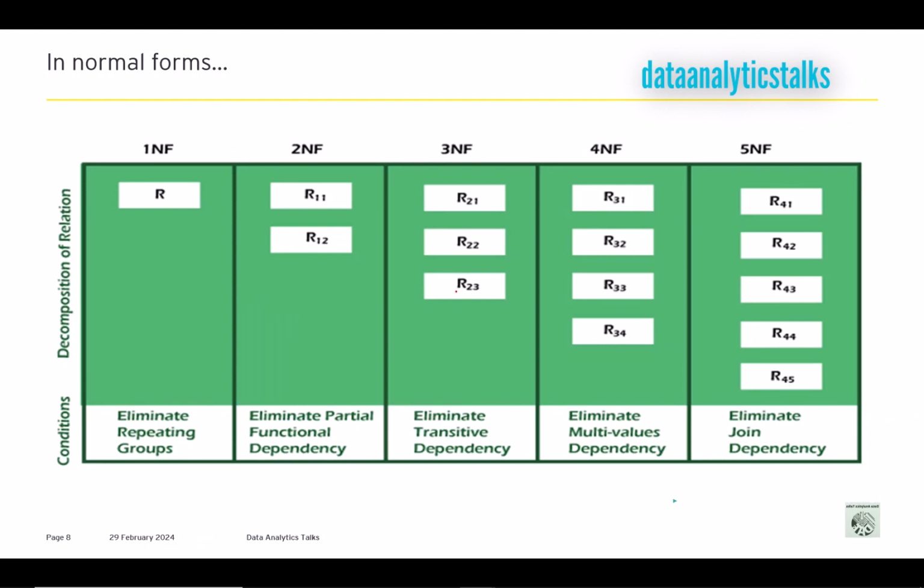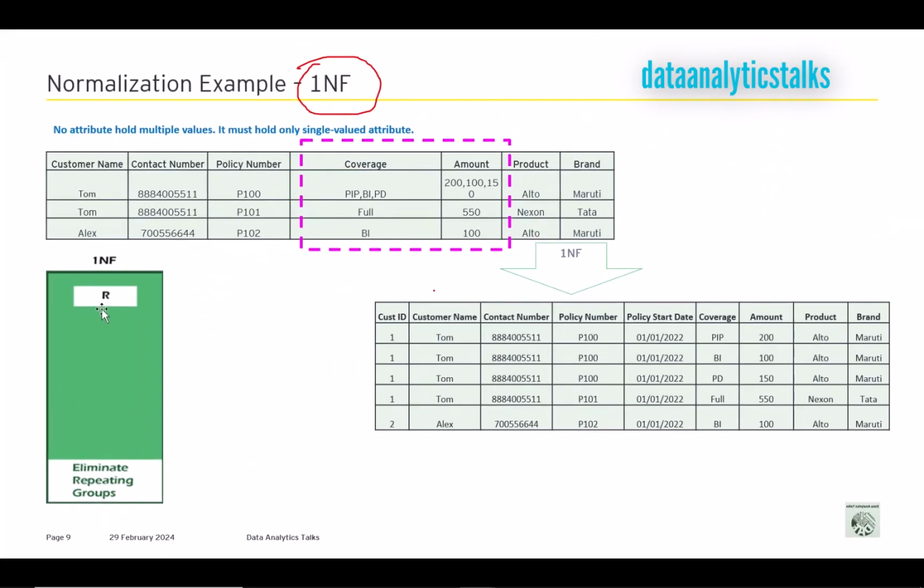From here, please be a little careful. Here I have the non-normalized data set, with the list of policies for customer Tom. If I want to convert this non-normalized data set into 1NF, what is the condition?